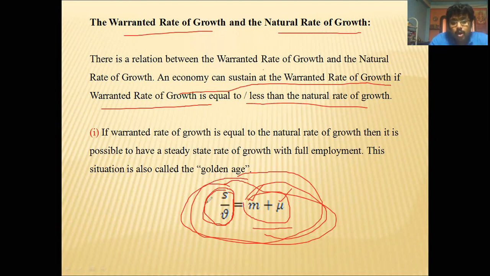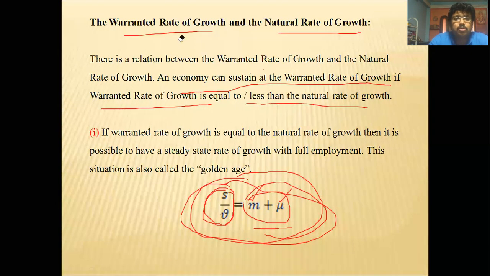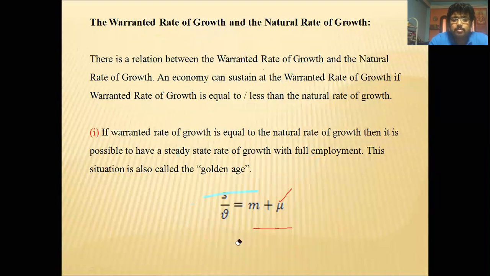So when the warranted rate of growth is equal to the natural rate of growth, there is no unemployment. The economy is in the full employment situation, so all the capital is fully utilized. Understand?